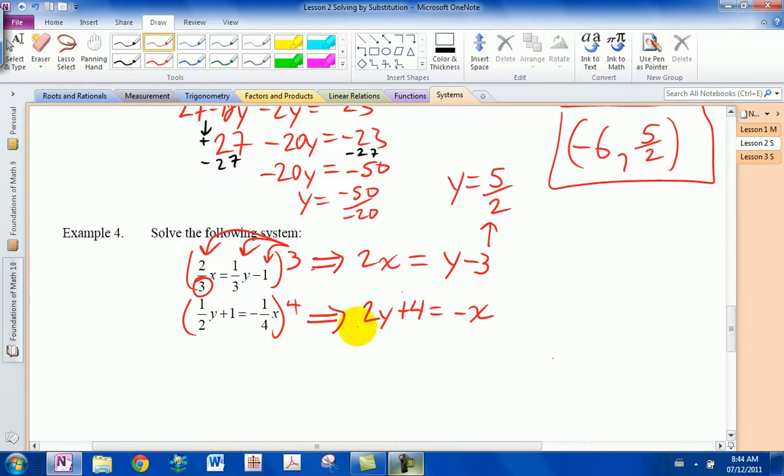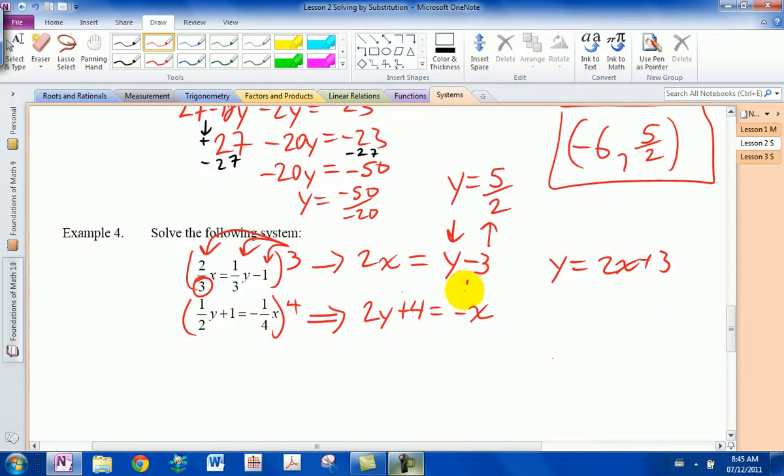The top one's done, but here's the problem though, we'd have to get x by itself. So we'd have to divide by 2. We'd get x equals y divided by 2 minus 3 divided by 2. That wouldn't be cool, right? So I wouldn't change that one. You could change it for the y. That would be okay. And so you get y equals 2x plus 3.